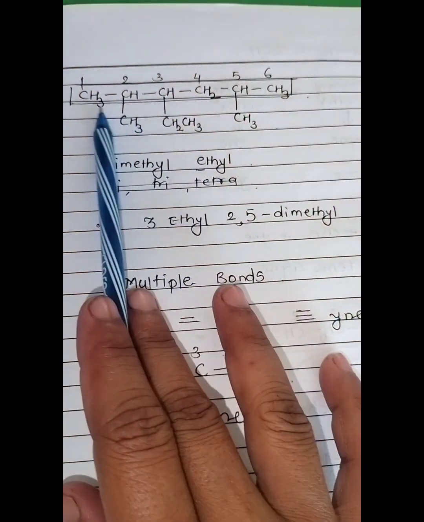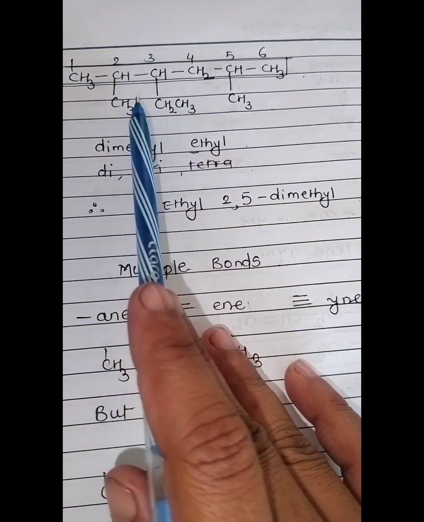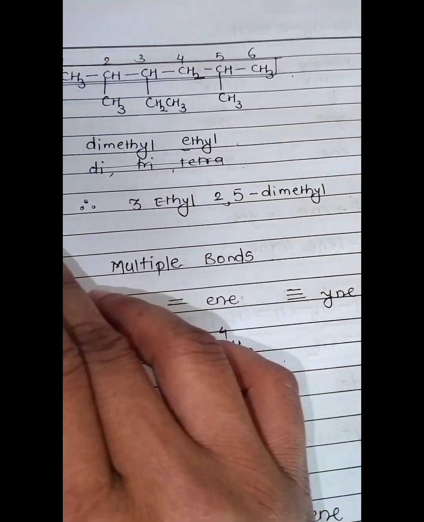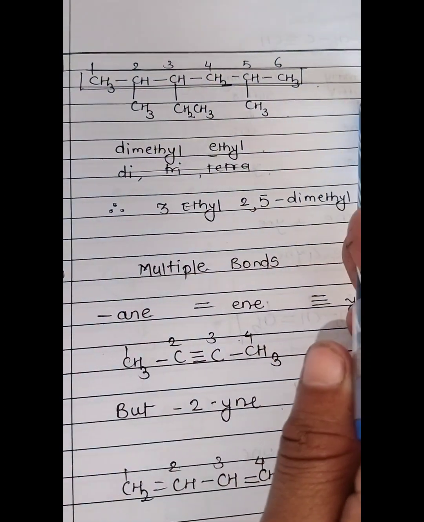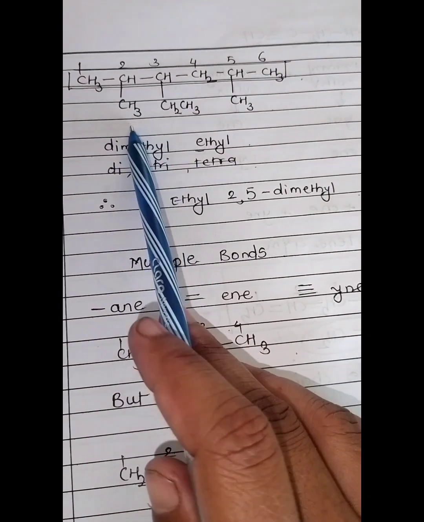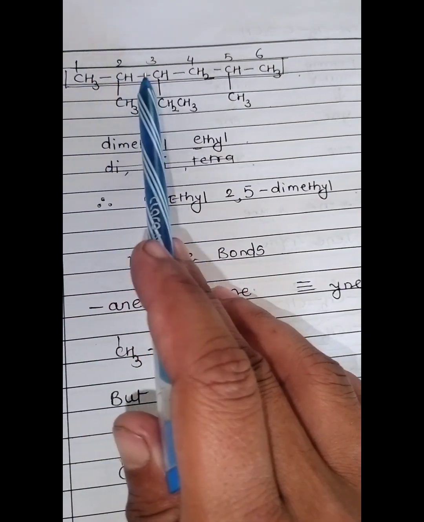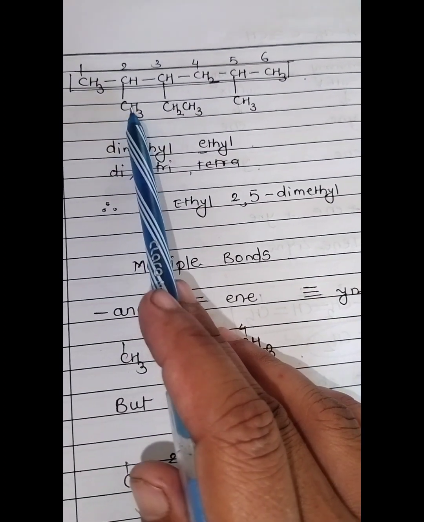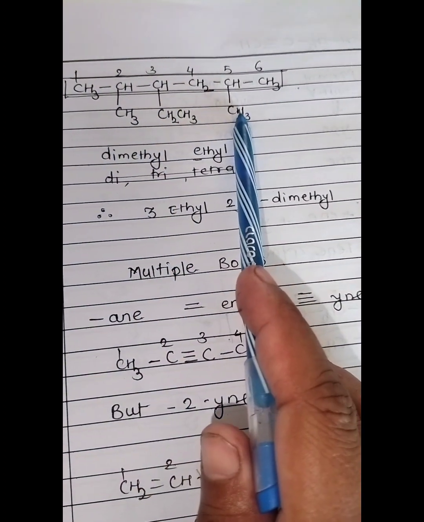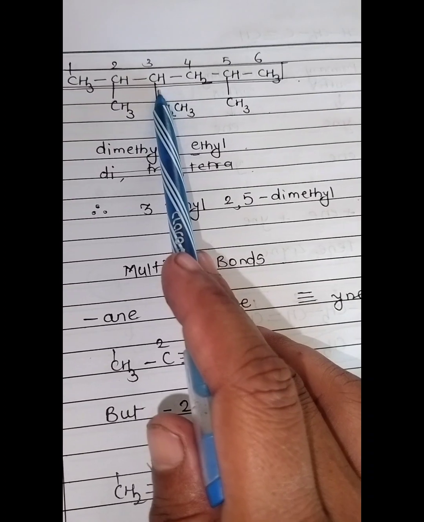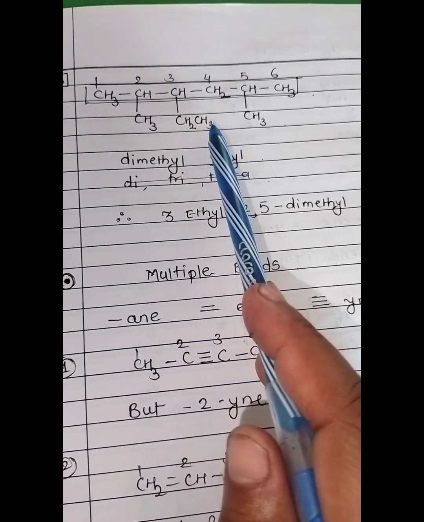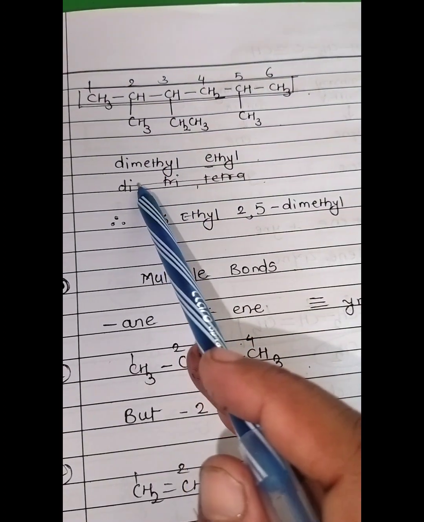Then the next example contains 3 substituents, and this is our parent chain or main chain. We can number on this side 1 2 3 4 5. In the second carbon there is 1 CH3 group, and on the fifth carbon there is 1 CH3 group, and on the third carbon atom there is a CH2 CH3 group.